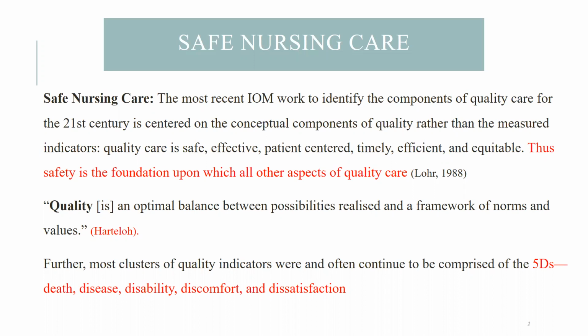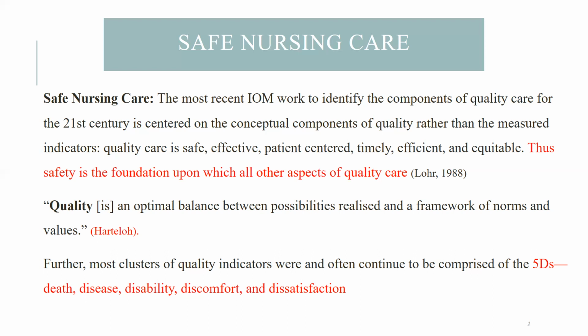So here the main focus is that quality is defined by what it is, rather than measured by indicators. Those indicators we will discuss. As I have mentioned in the slide, the 5Ds are the quality indicators. Usually healthcare professionals measure the mortality rate, death, disease, disability, discomfort, and dissatisfaction of the client. These are the quality indicators measured by the auditor to see how the hospital or facility provides care to their clients.